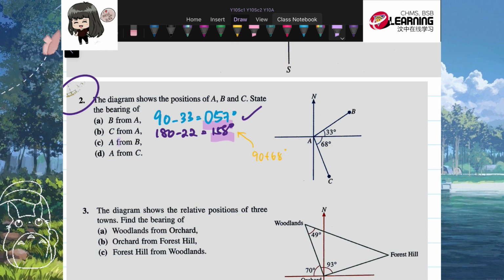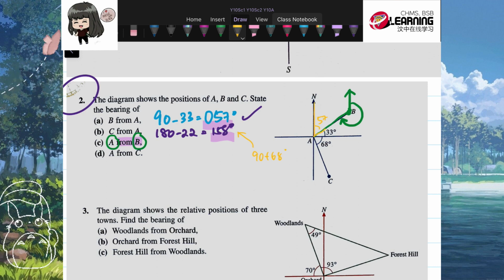Now you look at C. Part C, from B. So from B, you draw a connecting line AB. From B here, you need to draw a north first, connecting line to A, and then all the way clockwise like this. So this is the angle that you need to find. So what do you have now? You found this one already just now, it is 57, right?